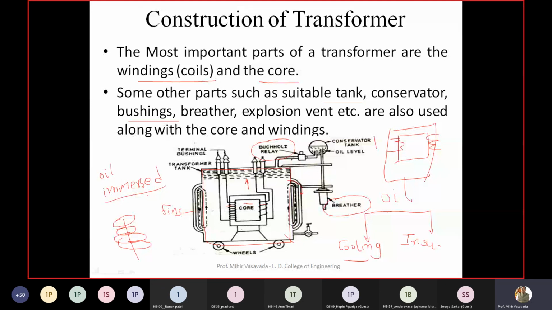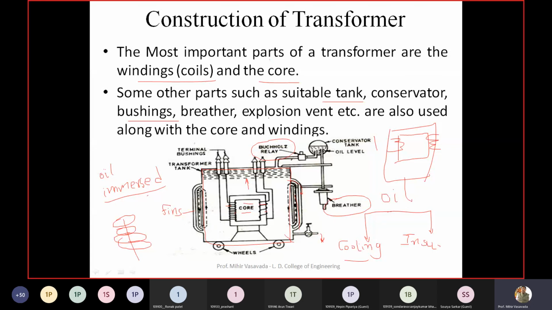So to name the transformer assemblies, if I list them, the main assembly is core, then the windings, then main tank and oil in the tank, then cooling fins or radiators, conservator tank, breather, Buchholz relay, bushings, supporting parts like wheel or mounting, and drain valve also, from which if you want to take some oil for testing you can do that.